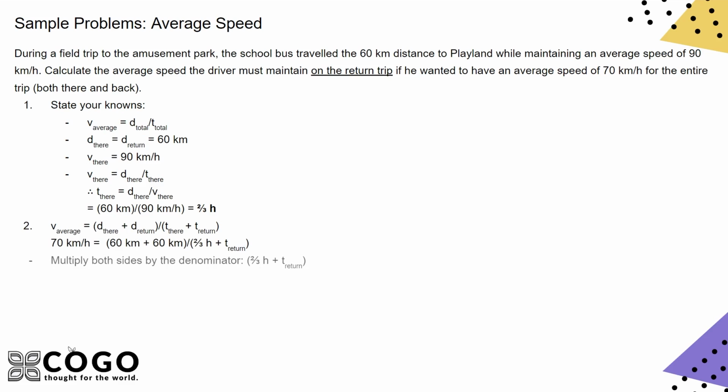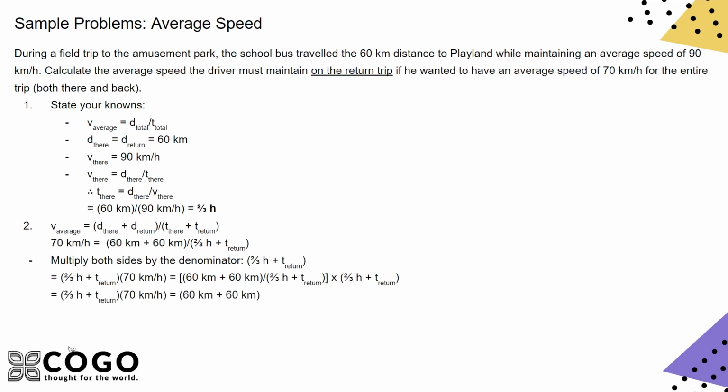Then, we multiply both sides by the denominator, 2/3 hours plus the return time. You should end up with the equation of return time equals (120 kilometers minus 140/3 kilometers) all divided by 70 kilometers per hour.